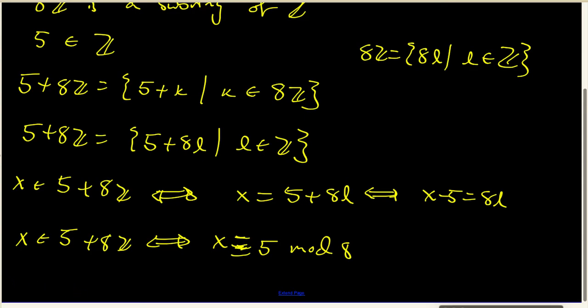Okay, well, let's look at a second example. In this particular example, I'm going to let my ring R be the field of rational numbers. I'm going to let the subring be the set of integers.